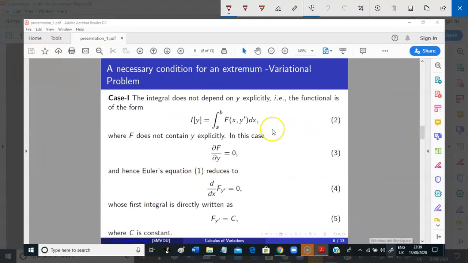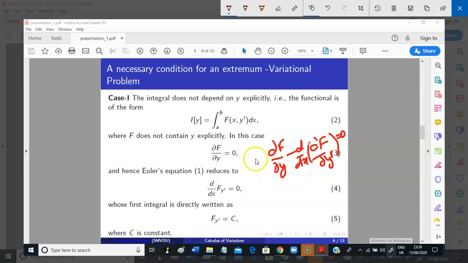Now when y is not appearing explicitly in this situation, you know that the Euler equation is ∂F/∂y minus d/dx of ∂F/∂y' equal to 0.